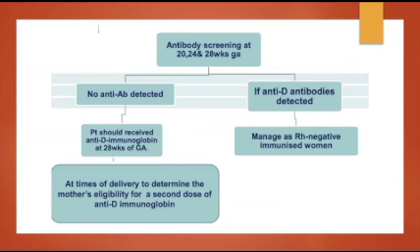If a baby is born and we check and see that the baby is Rh positive and the mom, we know, is Rh negative, so after delivery anti-D immunoglobulin must be done. But if we see that the baby is Rh negative, there's no need to do the second dose of anti-D immunoglobulin.